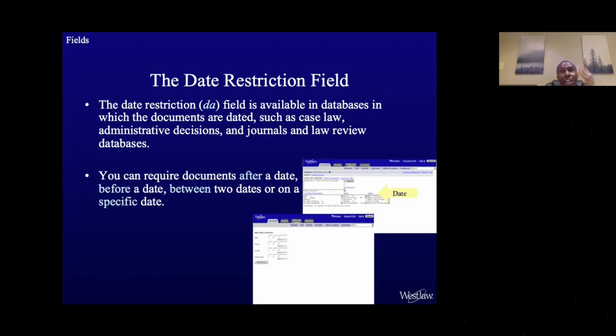So if you pull a case from 1904 to support your argument, the attorney on the other side might find a case from 2019 to support his. And it's more likely than not the 2019 case is going to carry more weight because so much has changed since 1904.